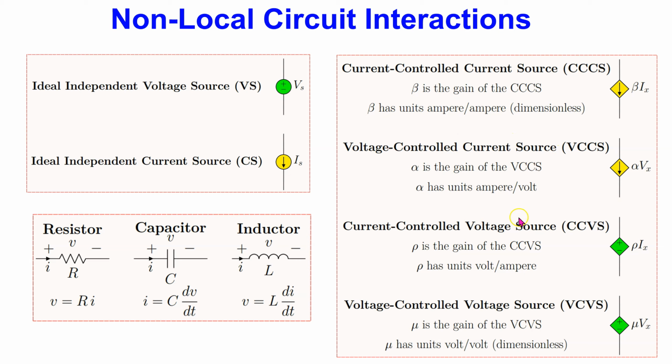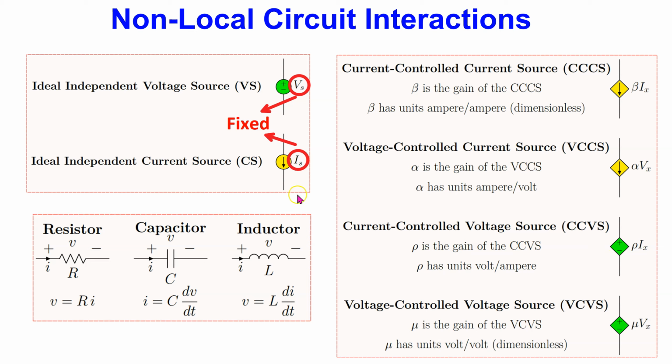A dependent source establishes a voltage or current whose value depends on the value of a voltage or current elsewhere in the circuit to which the dependent source is connected. The controlling voltage or current is non-local to the dependent source. This ability of dependent sources to model non-local circuit interactions is quite unique.